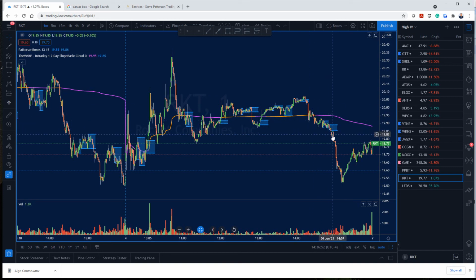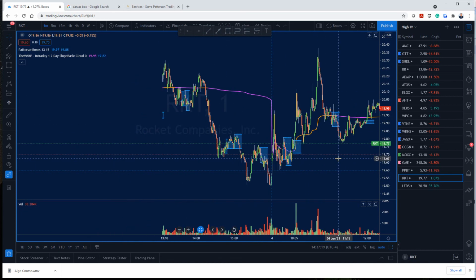So, I'm showing you some advanced stuff on how to use the boxes, but if you want to keep it simple, stupid: box breakouts below VWAP, short only; above VWAP, long only. Avoid boxes in rotational markets, and it's better to take boxes after you've had a good directional move.